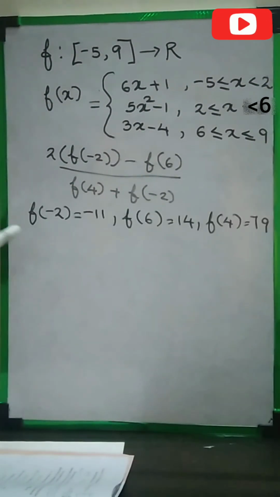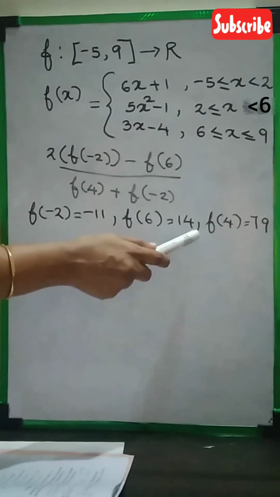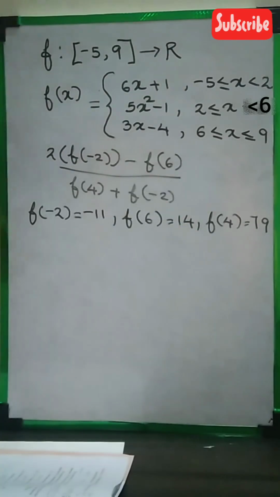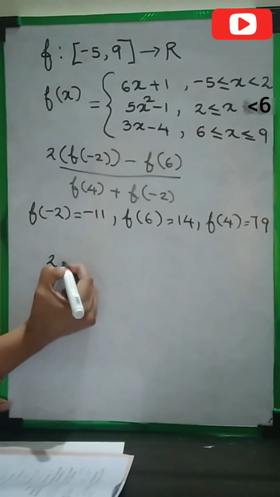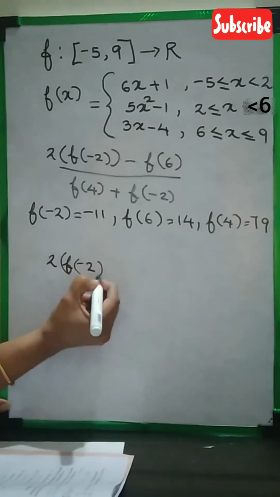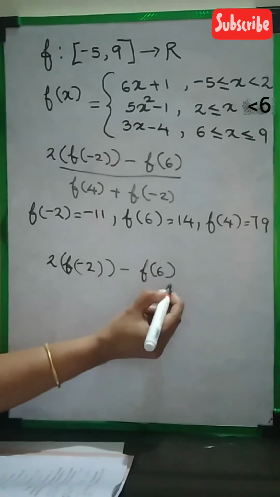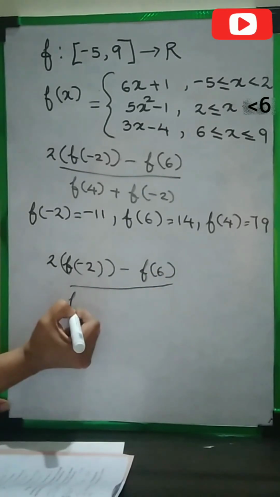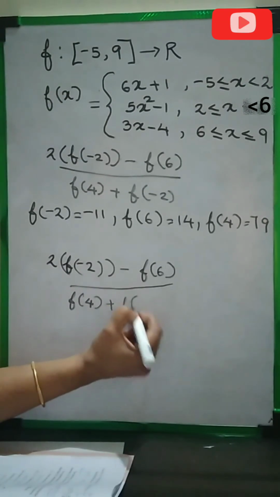Now as per the given function, we got f of minus 2 is equal to minus 11, f of 6 is equal to 14, f of 4 is equal to 79. Now let us find 2 into f of minus 2 minus f of 6, whole divided by f of 4 plus f of minus 2.